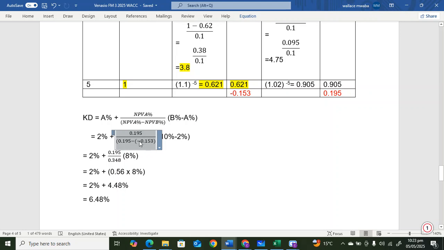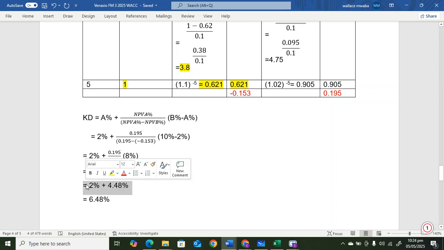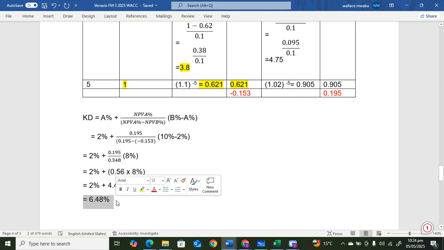Remember, negative and negative make positive, so you add the denominators. Then you divide the fraction. Whatever value you get, multiply by the percentage, then at the end, add it. That's how we get 6.48%.